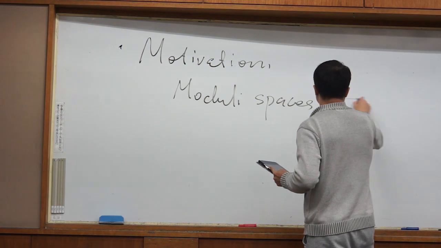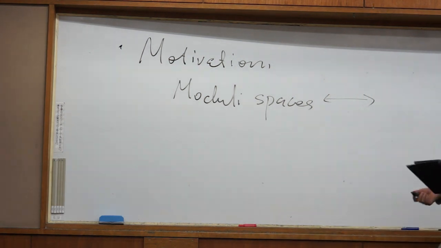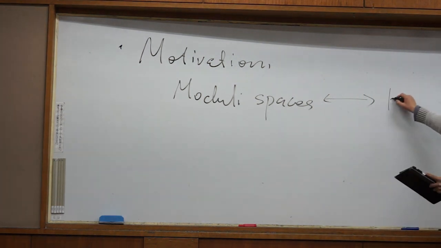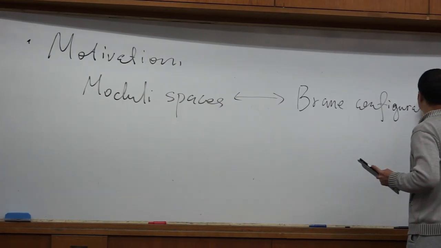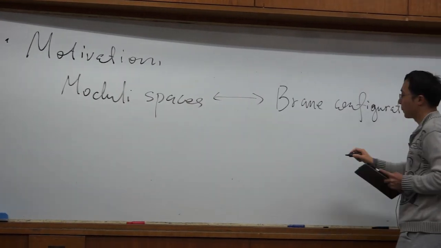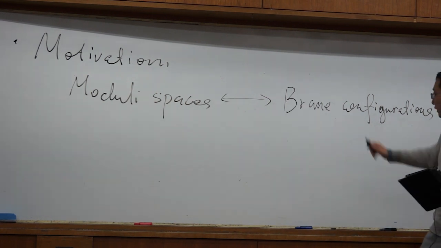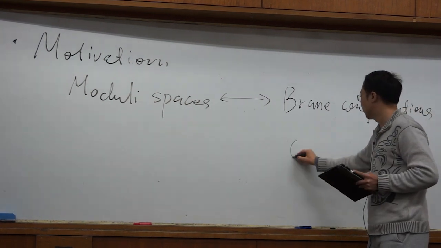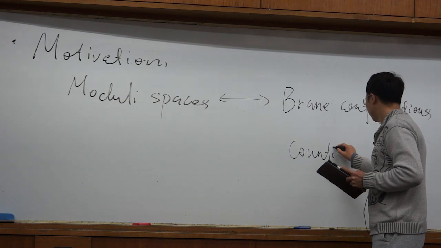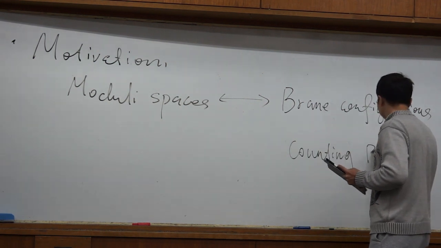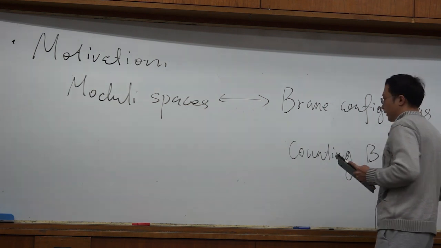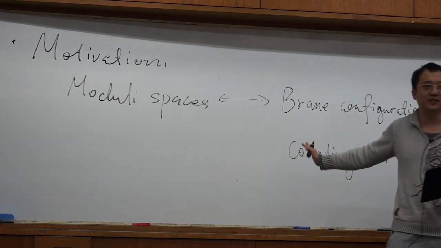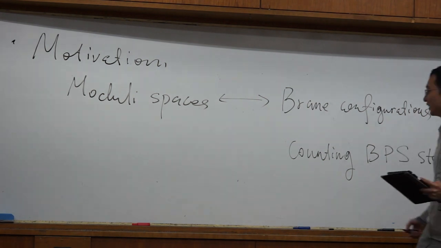A lot of these moduli spaces can also be realized by different brane configurations. From the brane side, what we can do is count BPS states, and a lot of Japanese physicists are working on this side of the story.